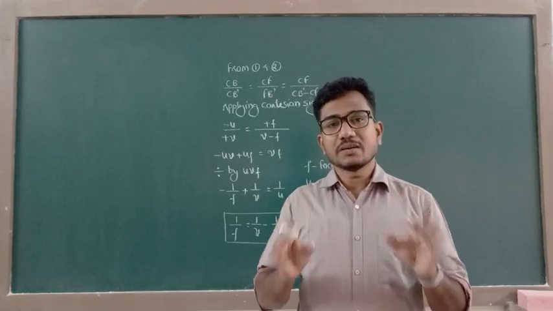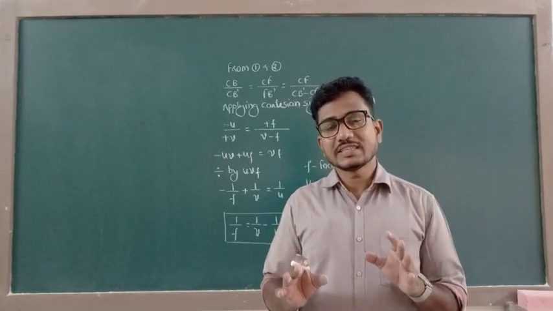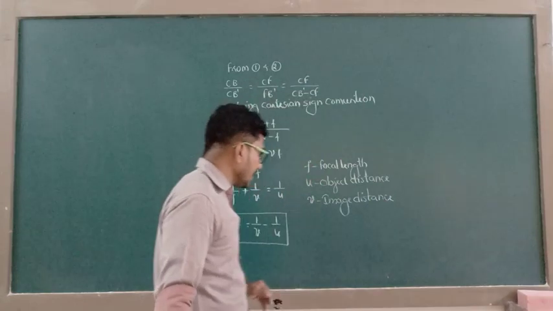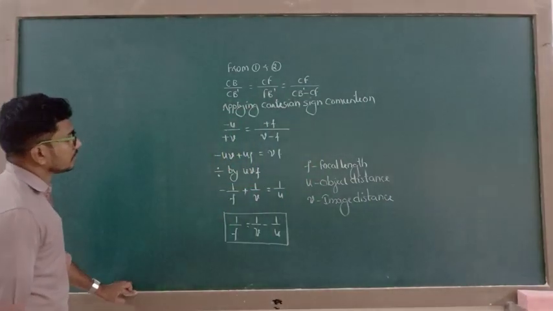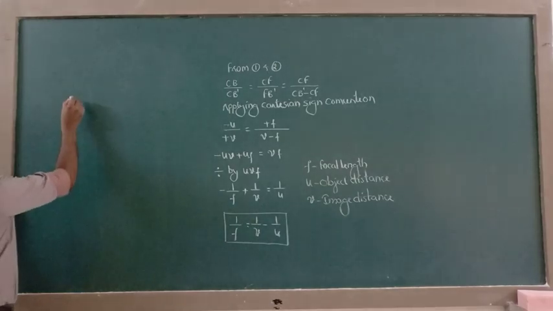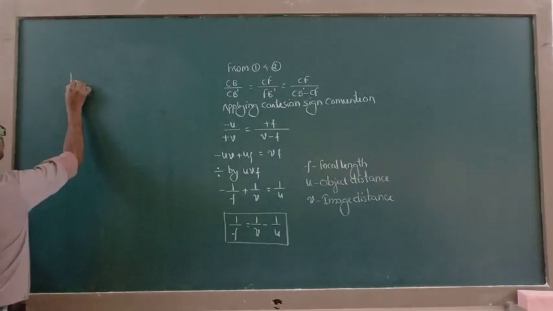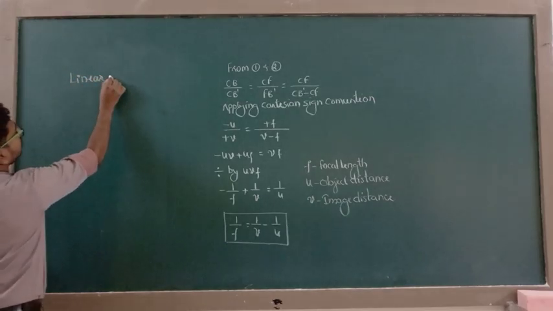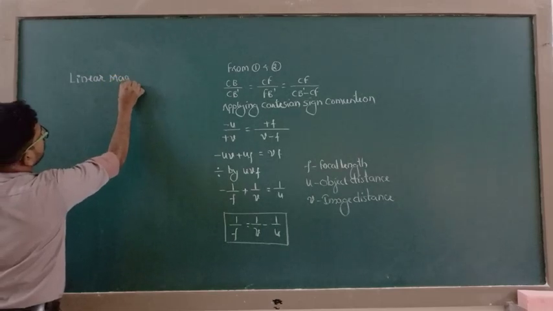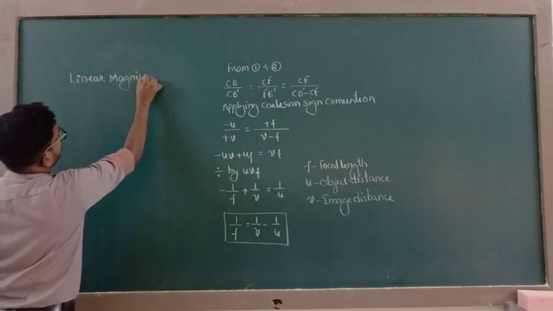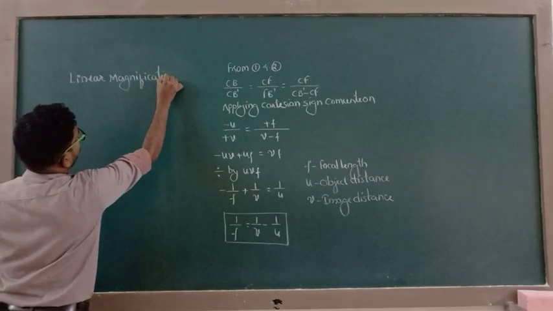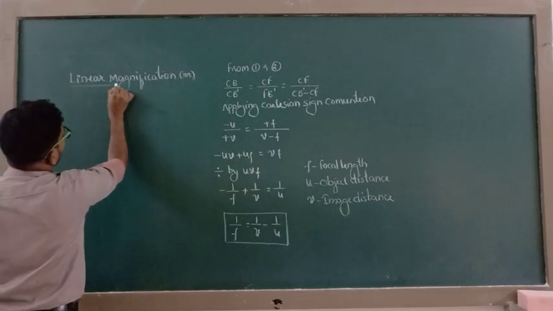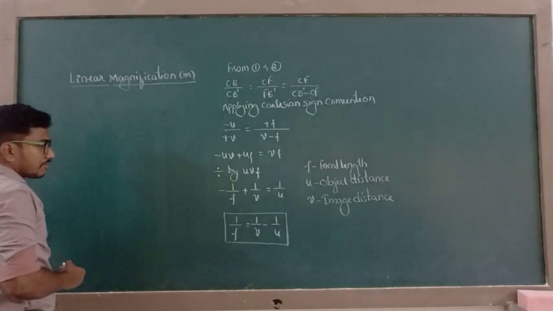It is just a number. It measures the size of the image with respect to the size of the object. It is represented by small m.